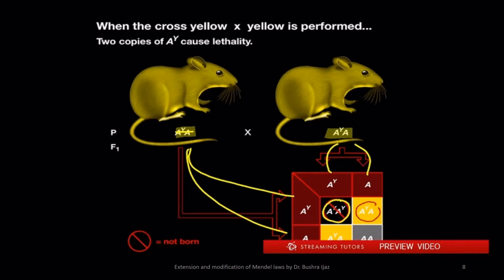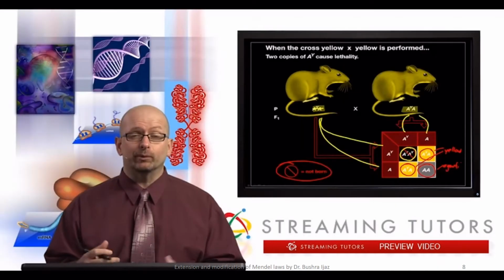We get two that are heterozygotes for AY and A. And we get one that's capital A, capital A. So this one looks agouti. As you can tell, these two look yellow. And what's up with the other one? Well, it turns out this little cross through it means that these type of organisms, while they can be conceived, they die before they even implant. I mean, you never will see them amongst the offspring even being born.